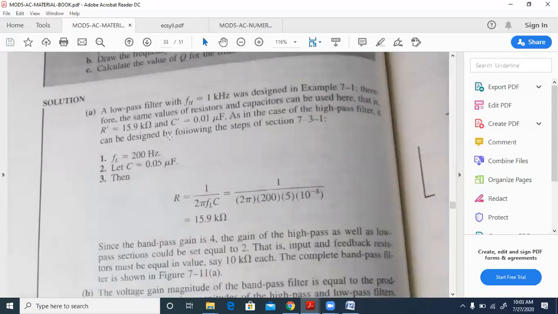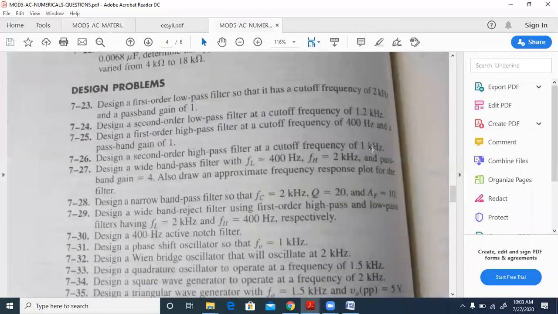Same process. We need to write R is equal to 1 by 2 pi FL C. A low pass filter was designed, therefore the same values of resistor and capacitors can be used, that is R dash is equal to 15 and C dash is equal to this, right? Then the high pass filter can be designed by using FL equal to 200 hertz here, but in our problem FH is 2 kilohertz.